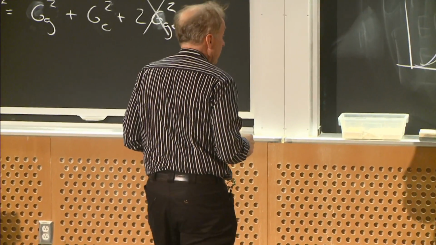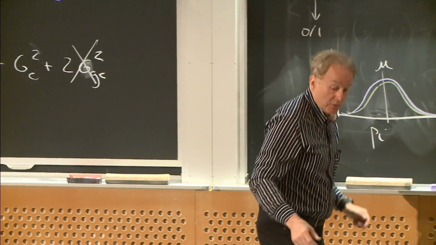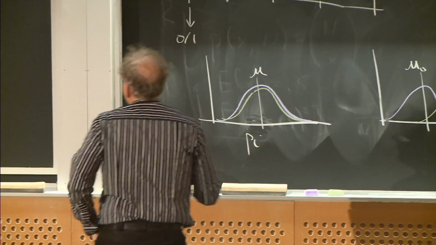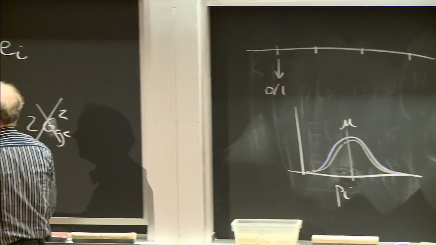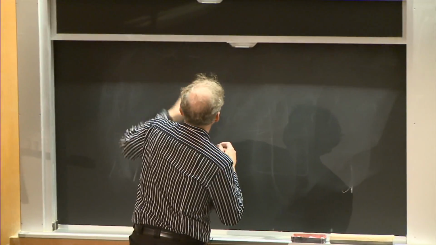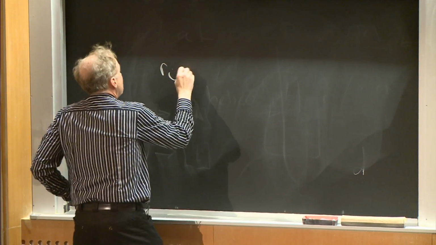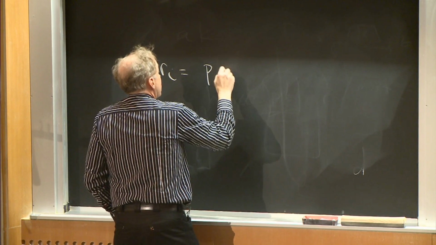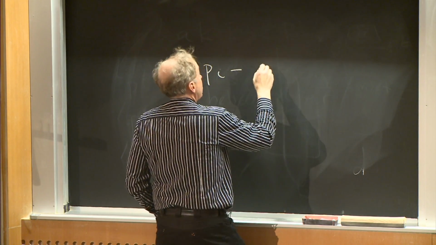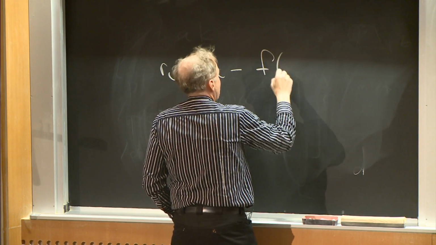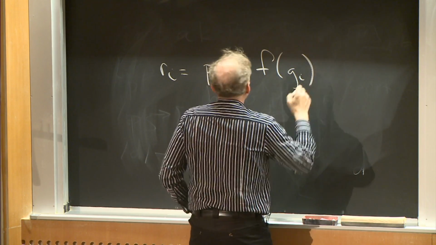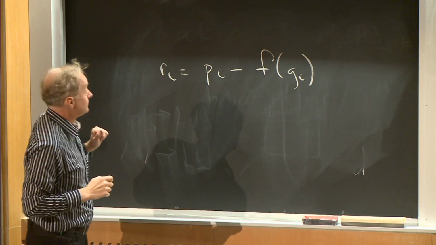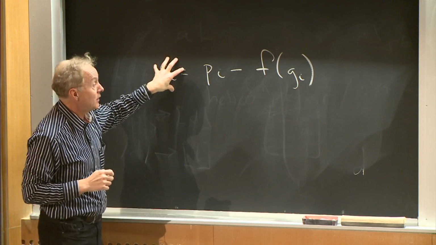You're going to have a residual for each individual. It is going to be the phenotype minus the genotype prediction of that individual. So this is the error that you're making.